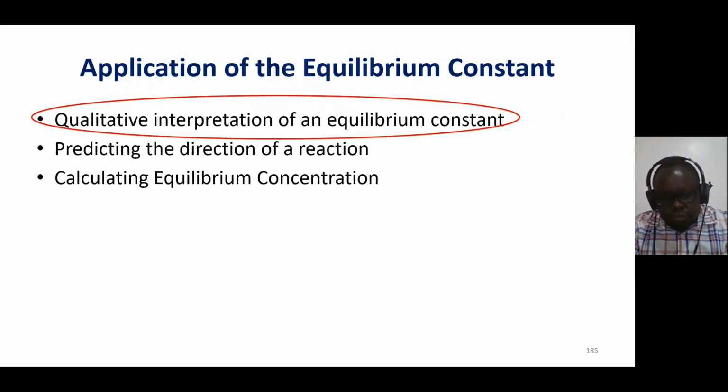So when you're given a certain value of the equilibrium constant for a given reaction, and you have the initial concentrations, what equilibrium concentrations are going to be achieved in the end when equilibrium is established? That is where the equilibrium constant finds utility.